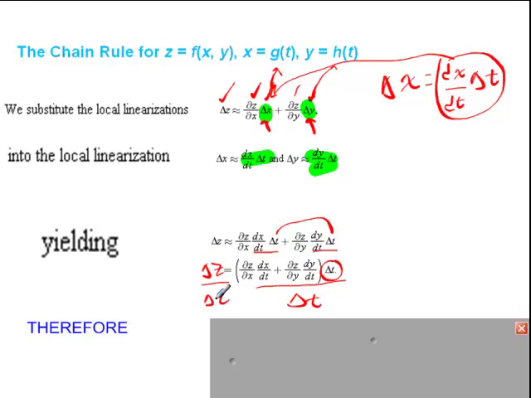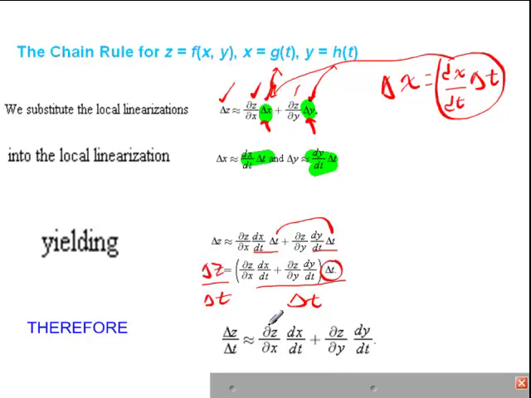And what we see is that we get delta z over delta t, or let's call this dz/dt, the change in z with respect to time, which comes from multiplying the partial derivative of z with respect to x times dx/dt, plus the partial of z with respect to y times dy/dt.